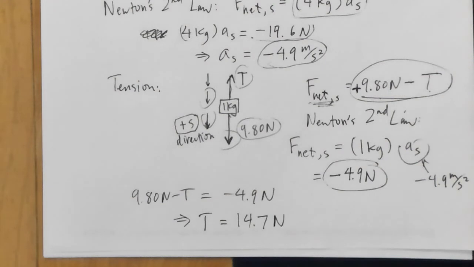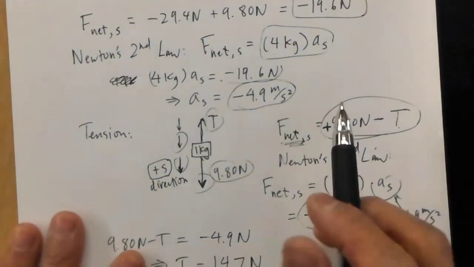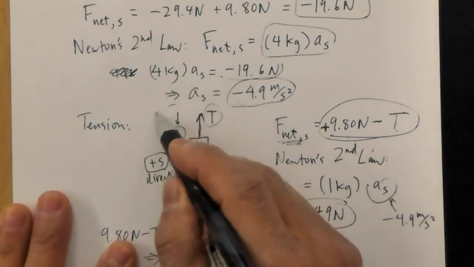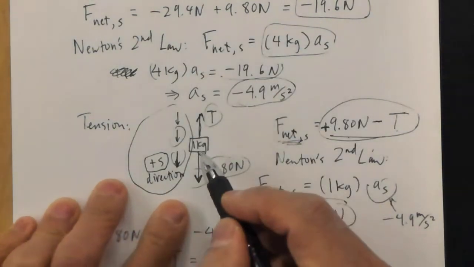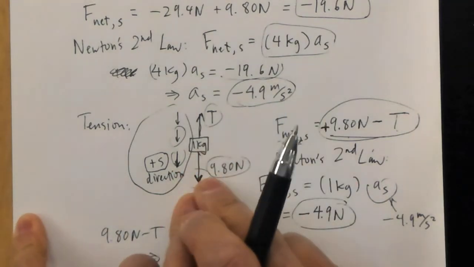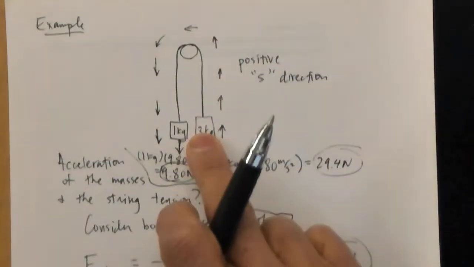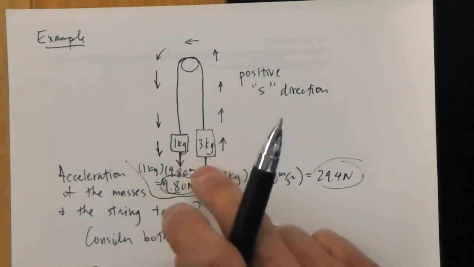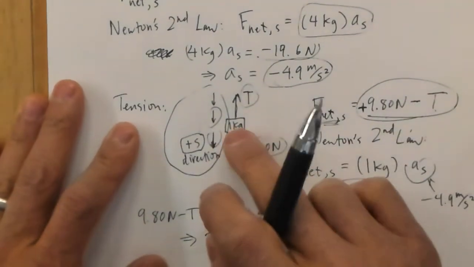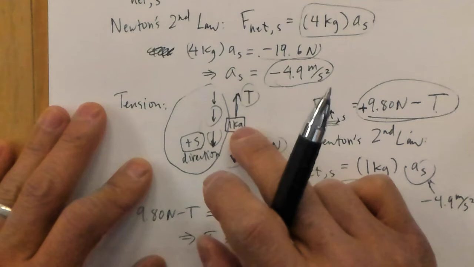Okay, any questions? Yeah. So how did you know how to put together that last? Okay, so the general pattern is, first of all, we get the direction of which things are positive and negative. So we have this positive direction. Then we draw the forces on the object. Either we do both masses together and we put in the external forces, these two guys, or else we do one of the objects, like here.